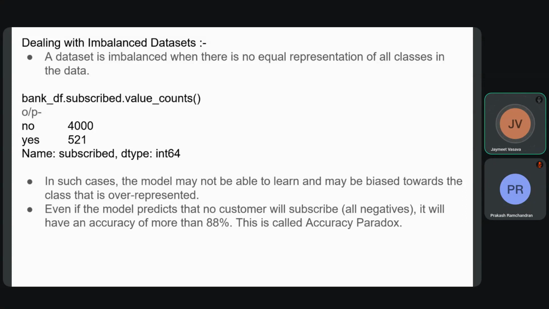You can see in the second point as well that even if the model predicts that no customer will subscribe, it will have an accuracy of more than 88%, which is called an accuracy paradox. So going with these values of no's and yes's, we will have an accuracy paradox about the model. So let's see how we can deal with imbalanced data sets.